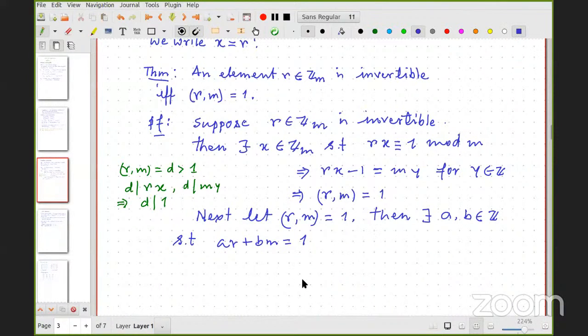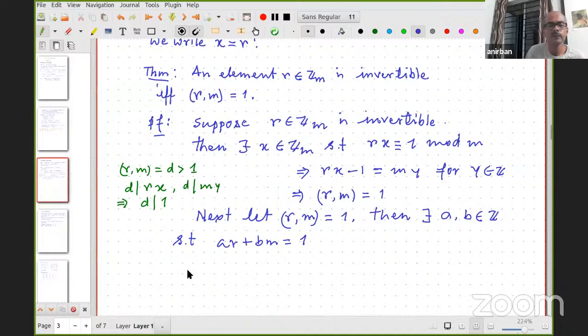We just assume this fact, which would be discussed in detail in tutorial. So using that, now let's reduce it modulo m. This part is divisible by m, so this is 0 mod m. So AR is equivalent to 1 mod m.